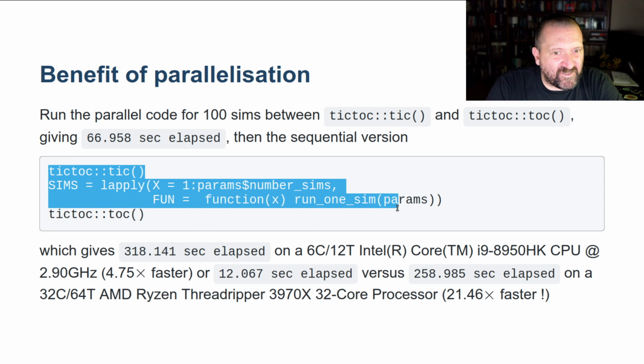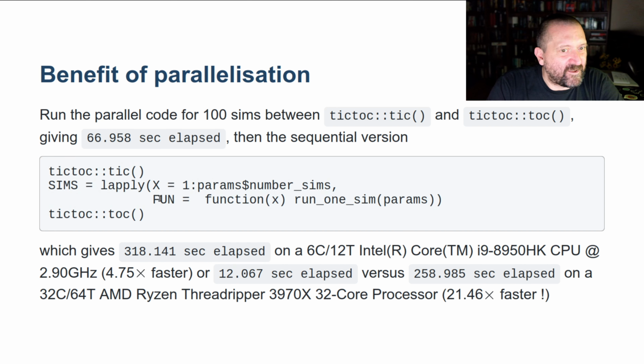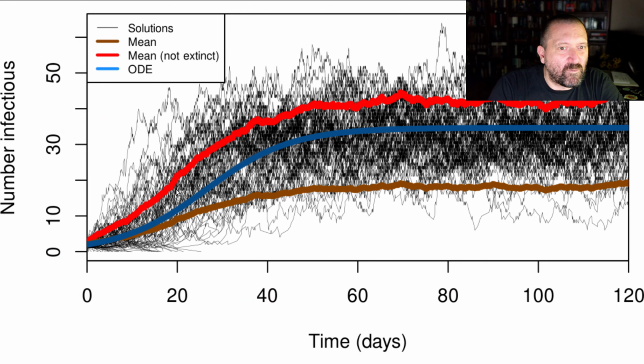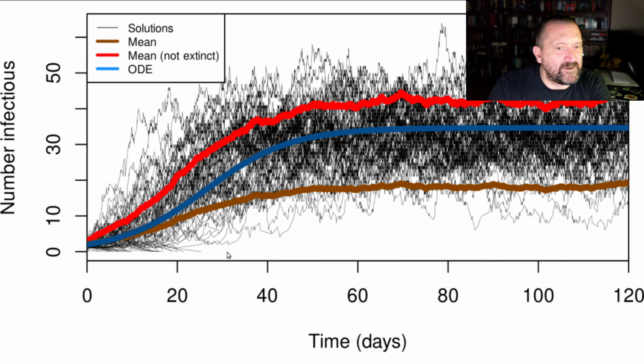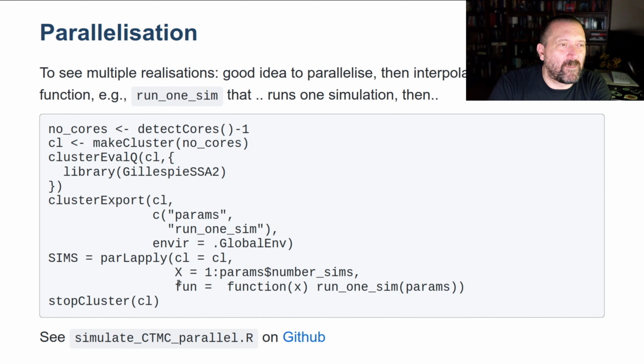And if I do the same thing in sequential, which simply means that I replace par L apply by L apply, okay, and remove the CL equals CL command. And yes, one stupidity, I'll say it like this because it really is silly.